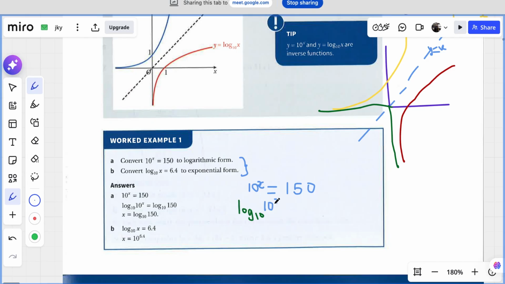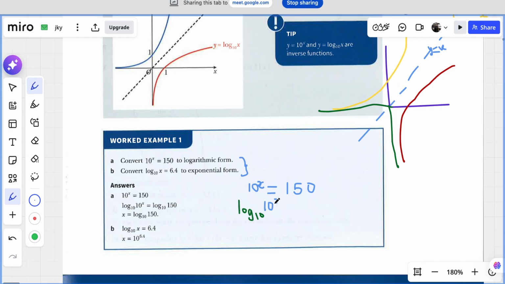Let's do this one first before we do that one. You have 10 to the power of x is equal to 80.